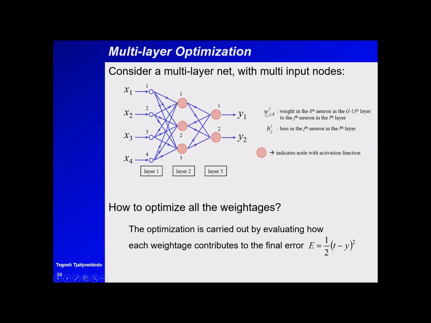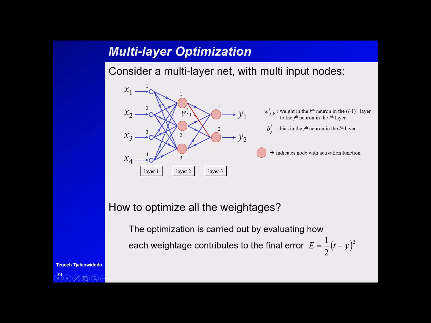If I write W with subscript J, comma, K and a superscript of L, that means I'm referring to a weightage in the neuron number K, in the layer number L minus 1, that is connected to the layer L to the neuron number J. Wow, looks complex, but I can give this illustration.